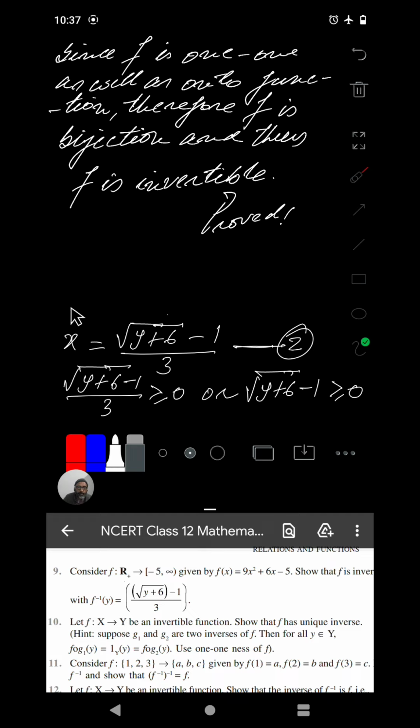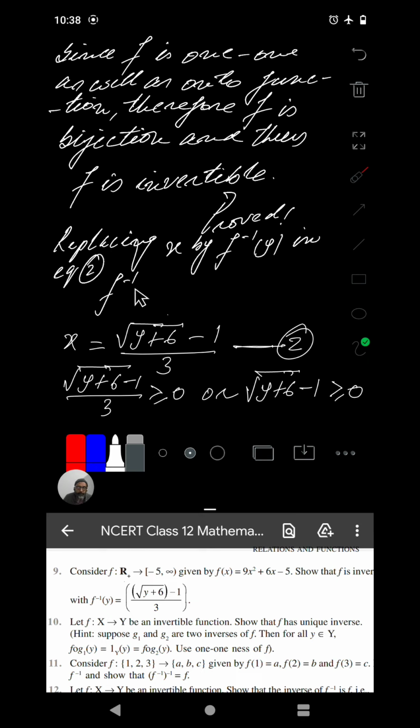So replacing x by f inverse y in equation number 2, f inverse y is equal to under root y plus 6 minus 1 upon 3.